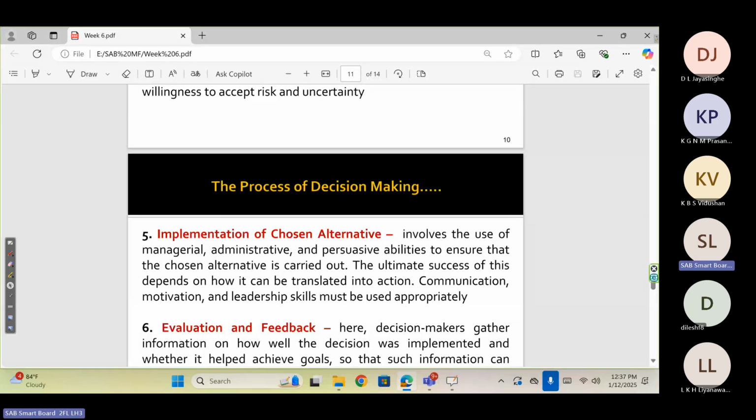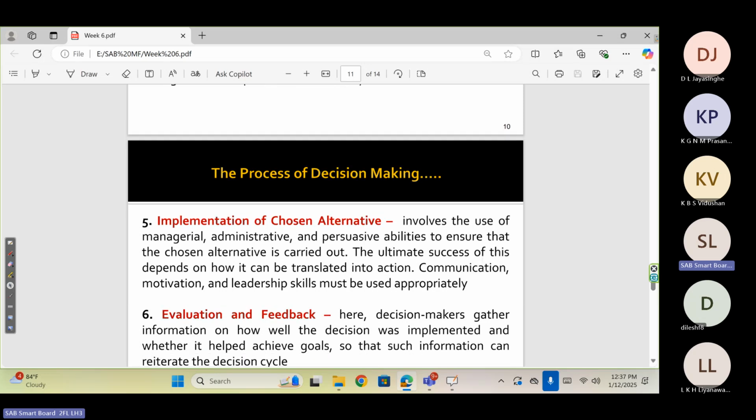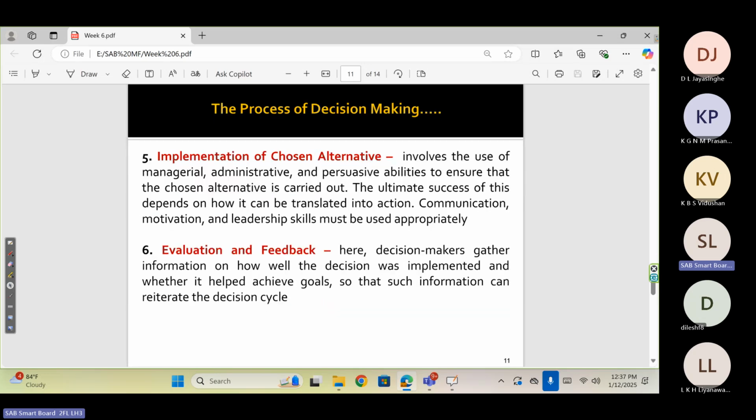The last stage is the evaluation and feedback, to complete all processes in this nature. Here, the decision maker gathers more information to assess the progress of the implemented decisions and to modify future decision making after an iterative cycle.